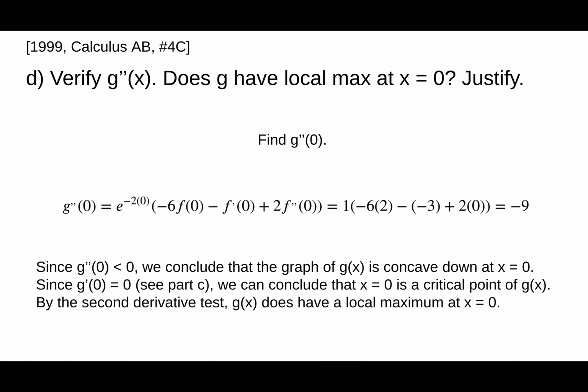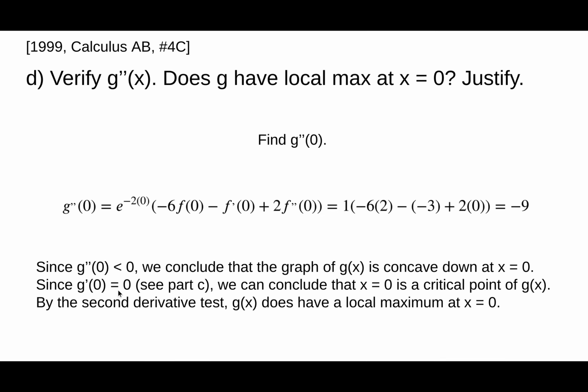But for the student, really what you would have to worry about is, did you conclude that g double prime of 0 is negative and that this means the graph of g is concave down there? If you did, great. Did you refer to the fact that g prime of 0 is 0 in this part of the question? It's not enough to have successfully done it in part C. You must refer to it here as well.